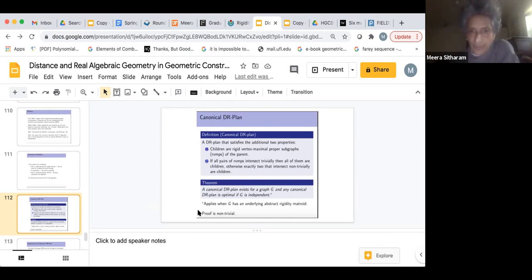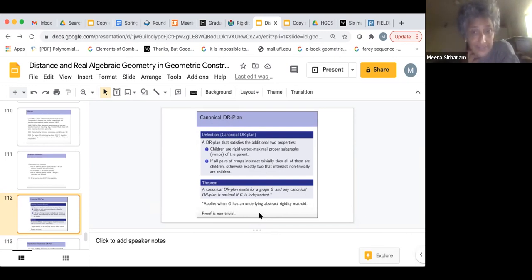So this nice theorem is what we showed, which works whenever the graph has an underlying abstract rigidity matroid. That's what this intersection condition is based on.